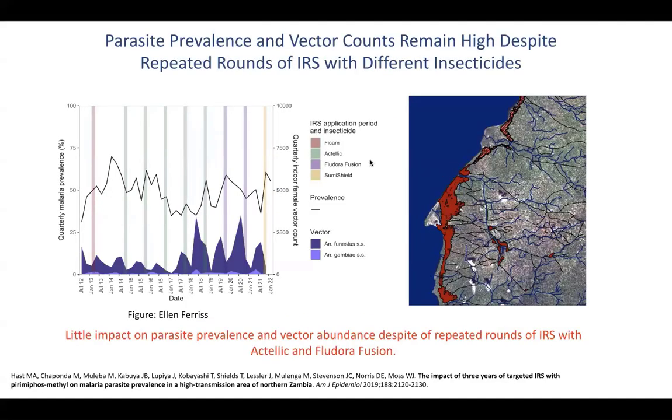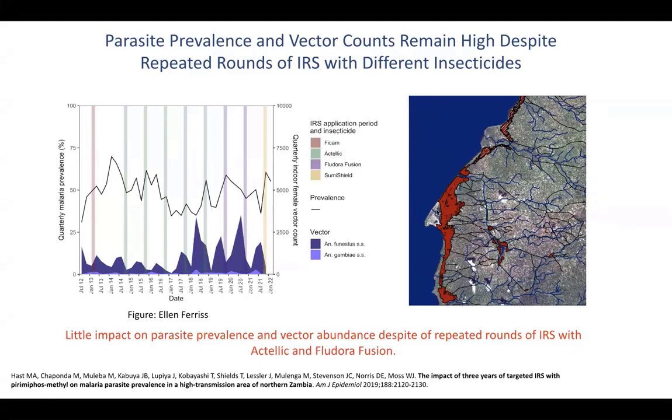On this slide, the figure on the left shows a time series of parasite prevalence extending from 2012 to 2022, so over a 10-year period. The bars running across are different rounds of indoor residual spraying with different insecticides, and vector abundance is shown in dark purple at the bottom.